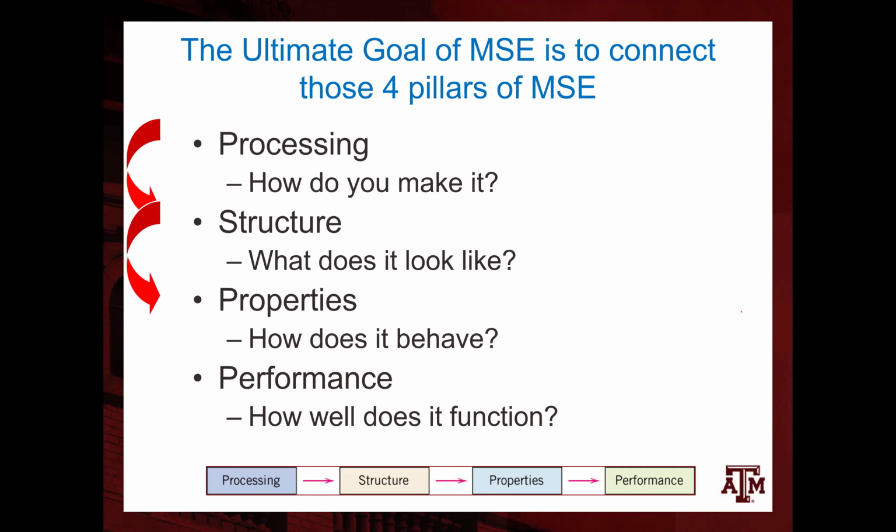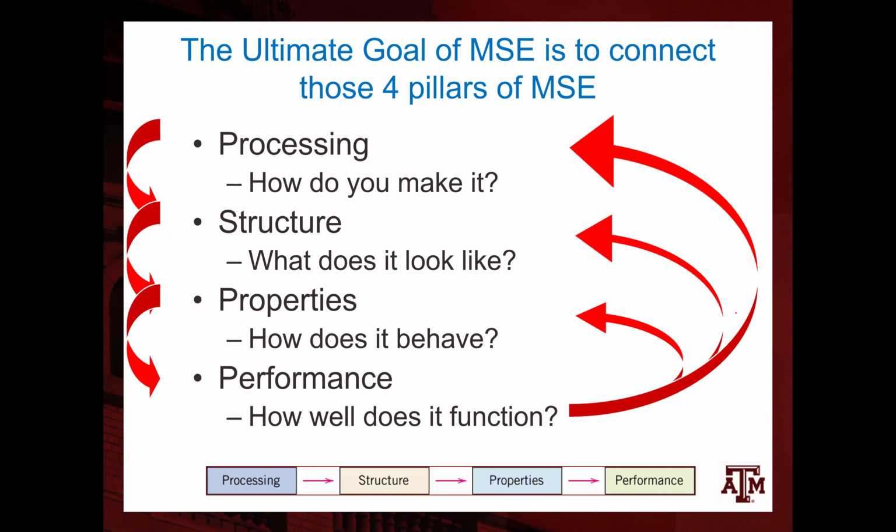We establish relationships between them, and by doing that, we can look at it in the reverse direction, and ask the question how to improve or optimize the performance, and go back and start from the processing and structure and properties to be able to select the best material and the best manufacturing method to improve the performance of a specific application.